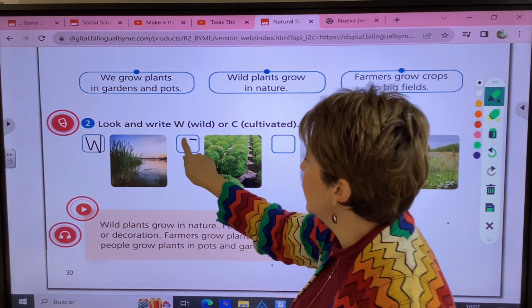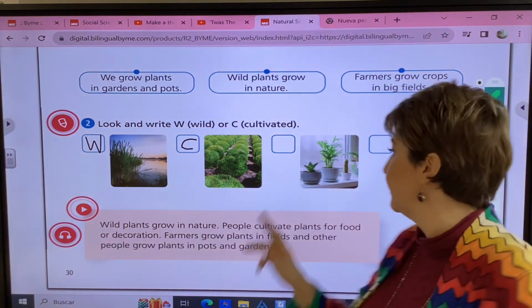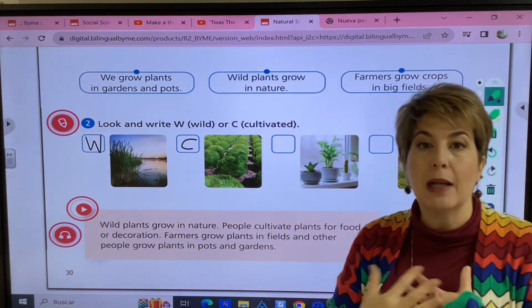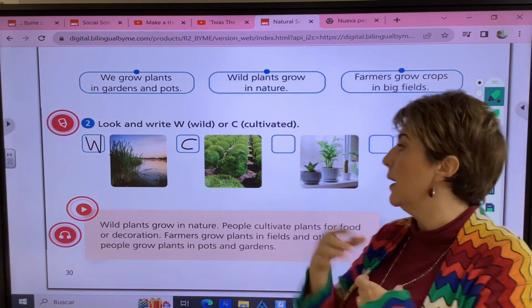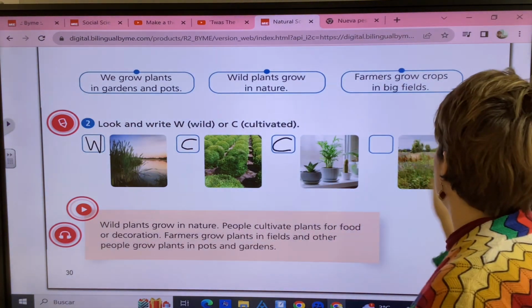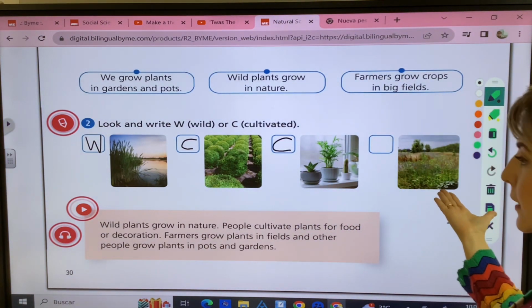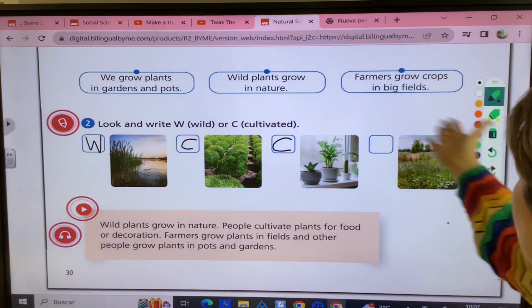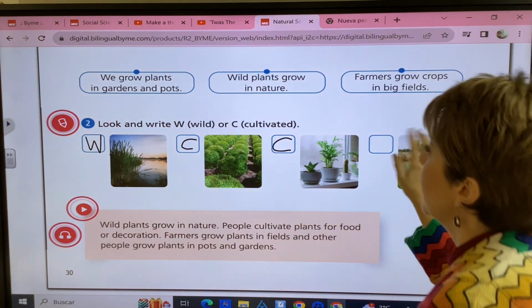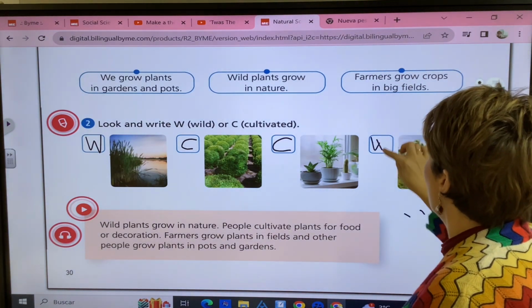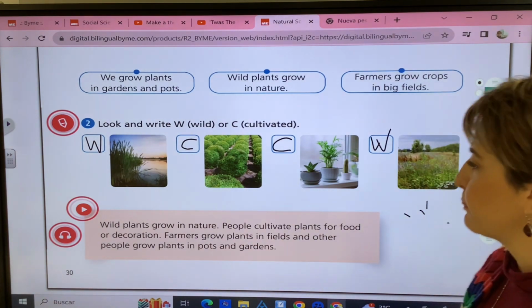This is because it's cultivated. And then the plants that we grow in our houses are cultivated. And these ones, if you go to the countryside, you find those plants because they are wild, okay?